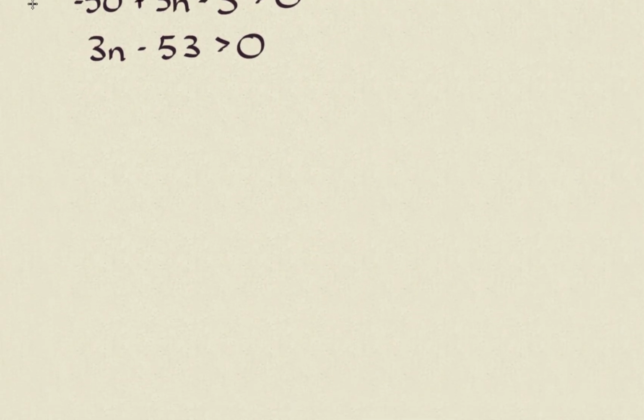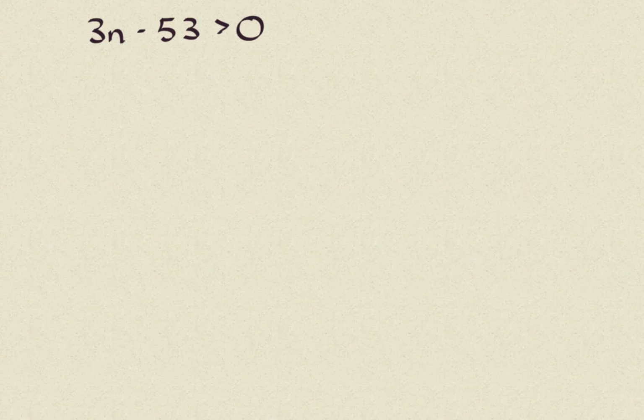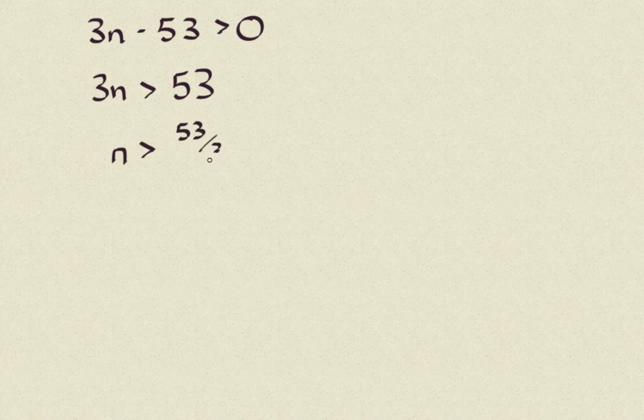If we move the 53 to the other side, we get 3n must be greater than 53, and when we divide both sides by 3, we get 53 over 3. Now this is where decimals will be helpful. So calculating 53 over 3, we get 17 and 2/3 or 0.66 and so on.